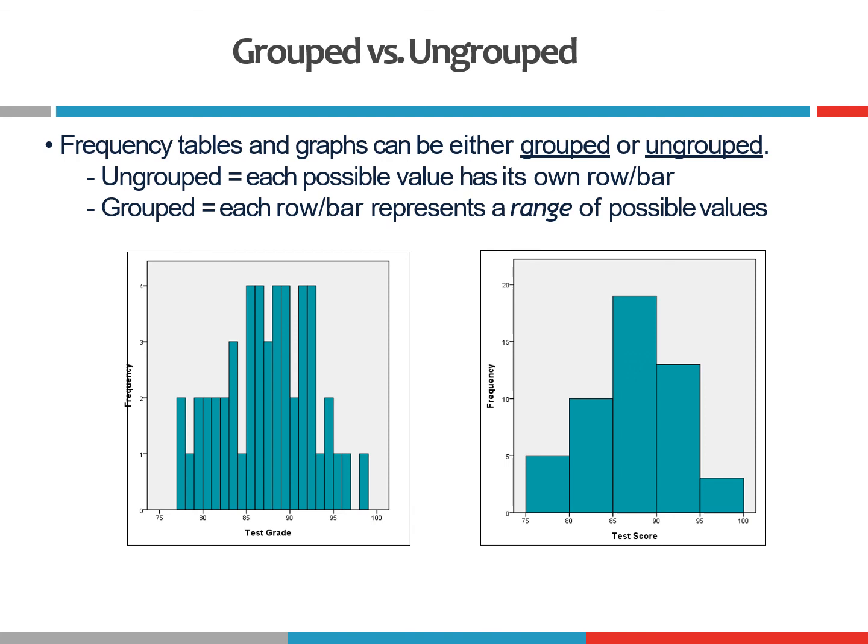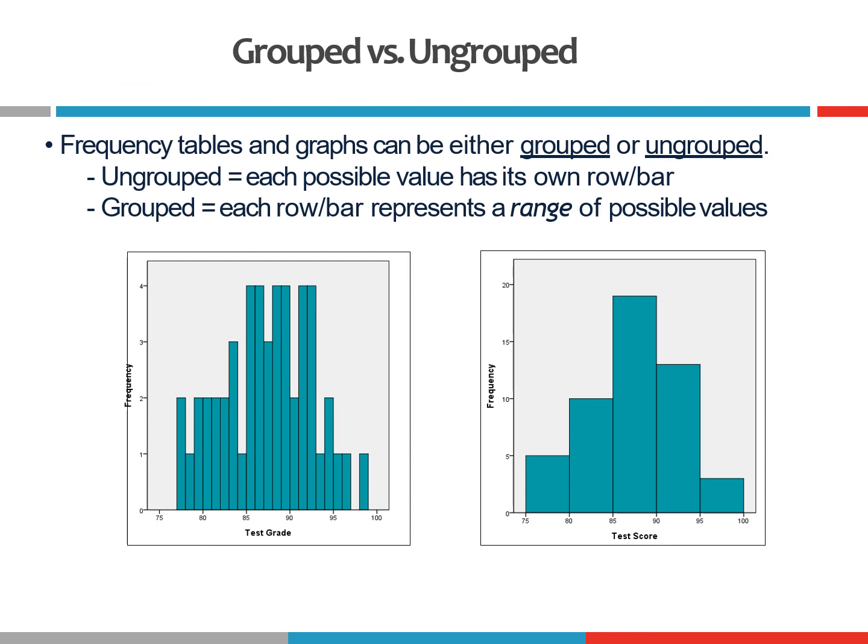So we can see very clearly the number of students who got a C, the number of students who got a B, and so on. It also makes sense to use a grouped frequency table or graph when you have a lot of data or a lot of different exam scores, because it's going to be easier to take in the information when you don't have a lot of different bars that you're trying to assess at the same time, right?